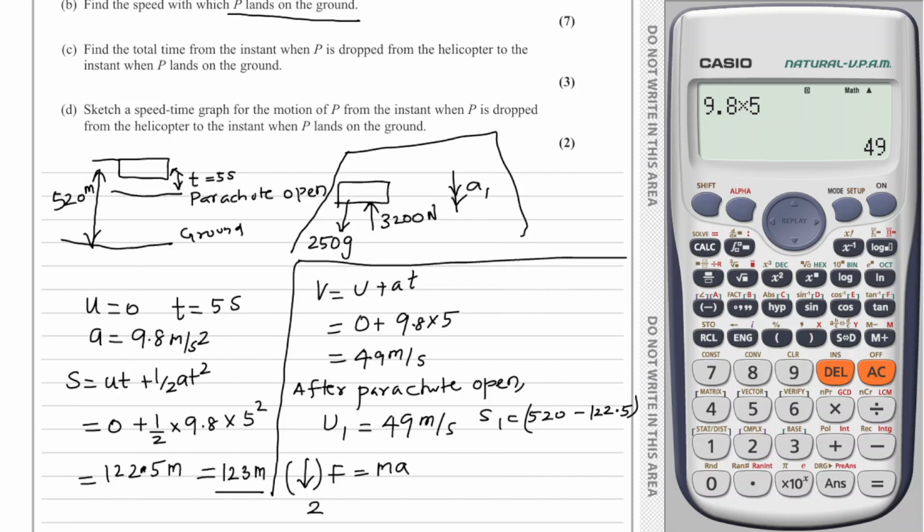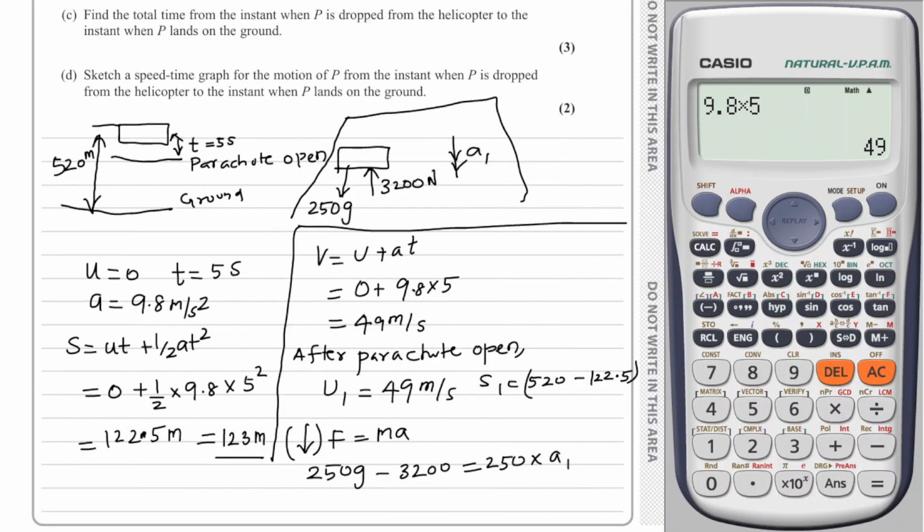So this value will become 250 g positive, and then minus 3200, it is negative. Then the m value is 250 times the new acceleration, so that's why I write it as a1. So from here we can get the answer as 250 times 9.8 minus 3200.